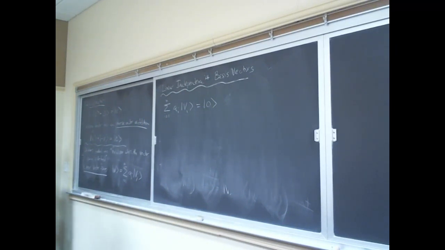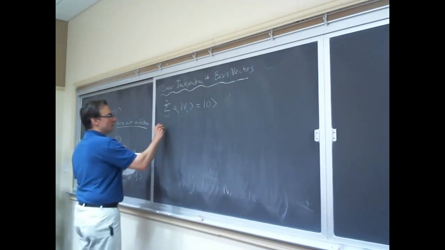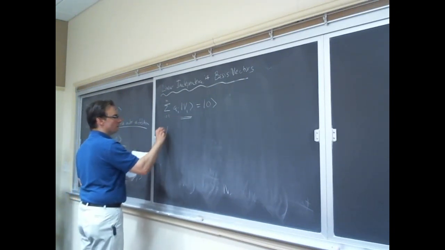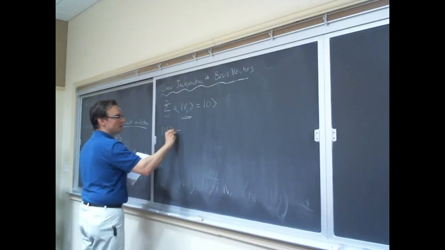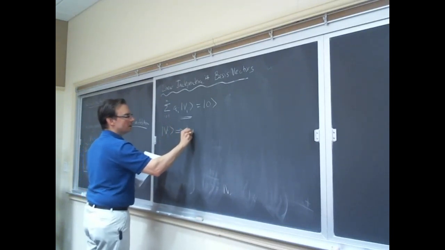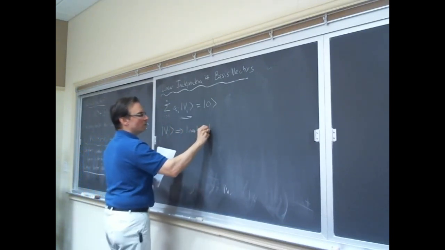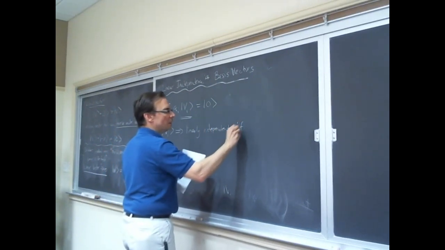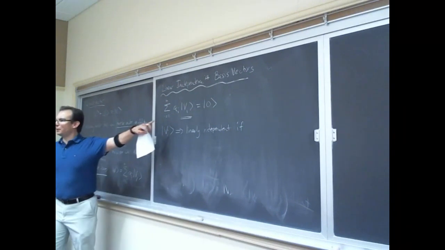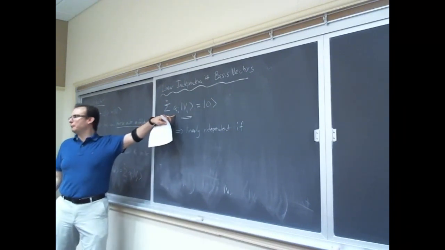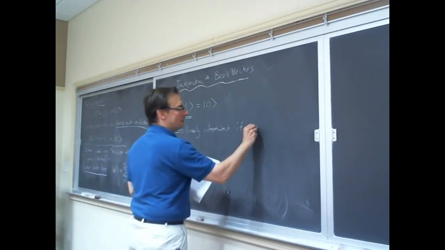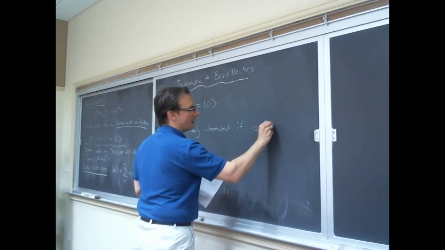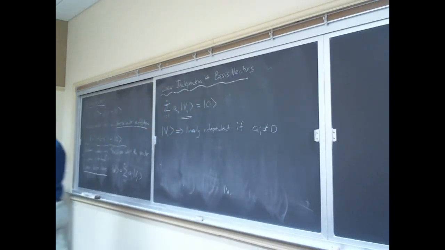And should such a combination exist, the set, so the ket V_i's, are linearly independent if you have more than just the trivial case that the scalars are all 0. Okay, so if some of the a_i are not equal to 0, at least two of them.